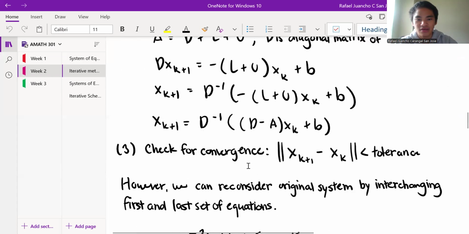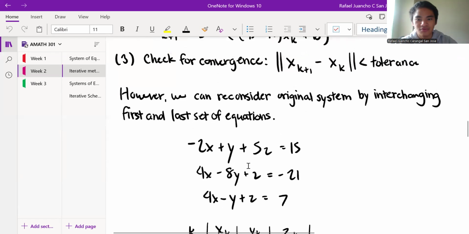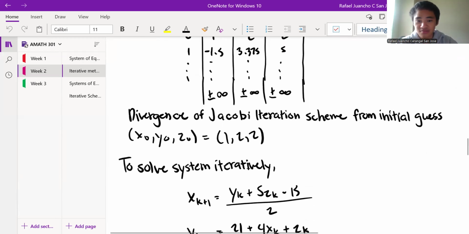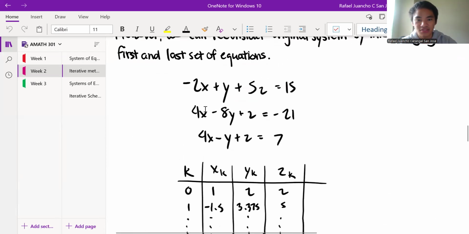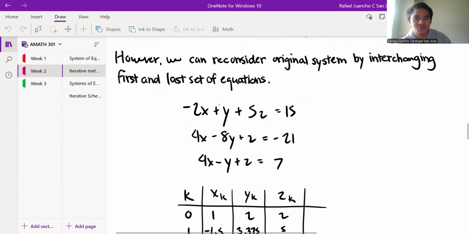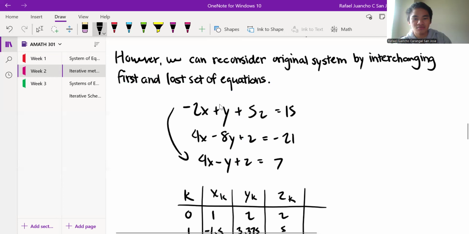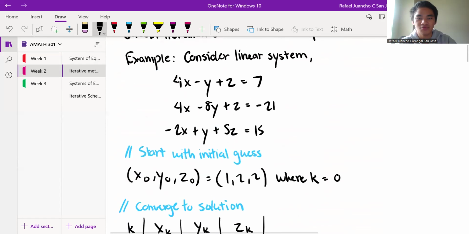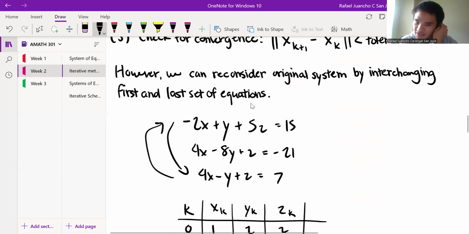Another thing is that it doesn't guarantee that it always converges, right? So at some points, it will diverge. Let's say we're given this linear system. I'm pretty sure what we did here was we swapped those two, the first and last equations, right?